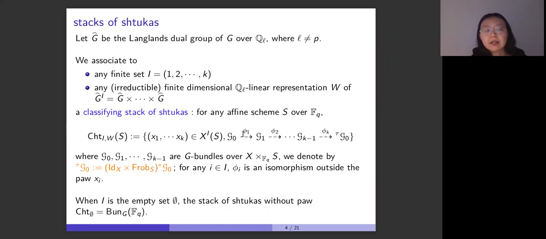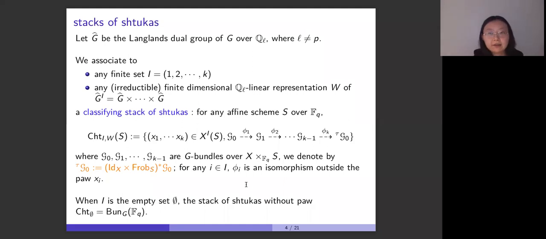The modification is only at the infinitesimal neighborhood around x_1, and it is bounded by W. For phi_2, the modification is only around the infinitesimal neighborhood of x_2 and also bounded by W. So between G_0 and tau G, you have an isomorphism outside all the poles, and around the poles you have some modifications.